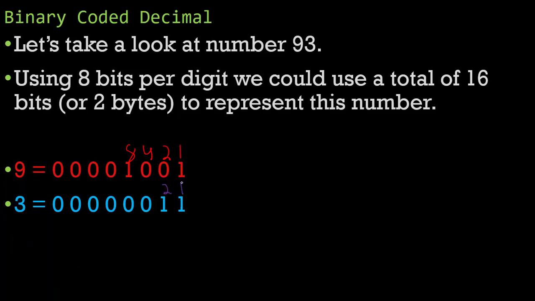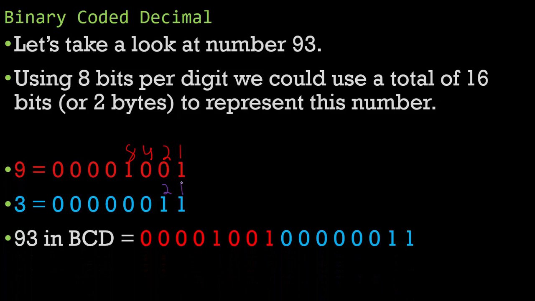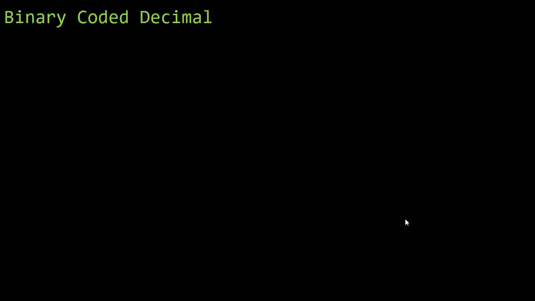So 2, 1. That will give me 3. The reason I'm changing to purple is because I use a lot of red and blue, and I don't want to confuse anybody. So to write 93 in binary coded decimal, we take our value for 9 and the value for 3, and we put it together. The reason this is in two different colors is so you can easily distinguish the 9 and the 3. That would be 93 in binary coded decimal using 8 bits.